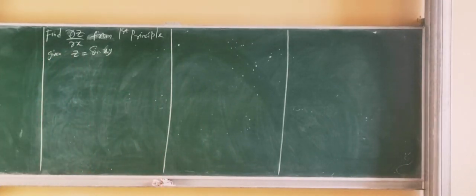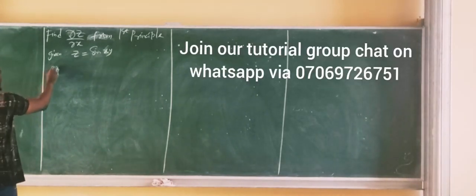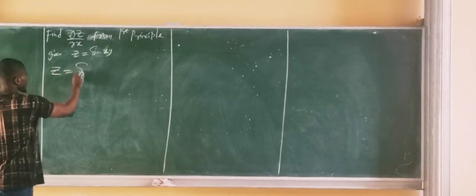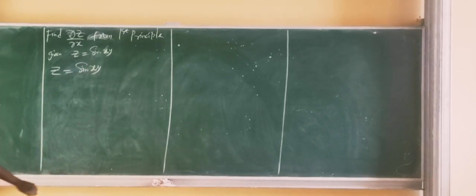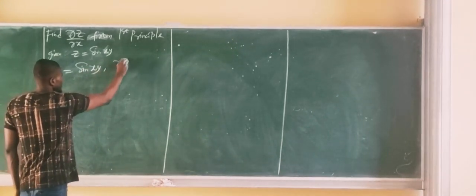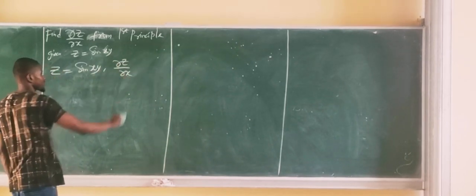We are going to find the partial derivative of z equals sine xy from first principle. So z equals sine xy, and we are to find partial z with respect to x.